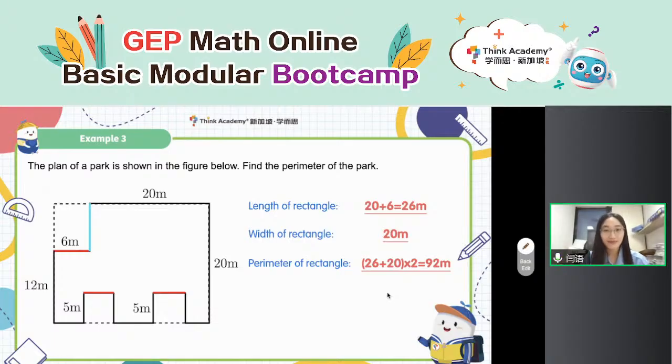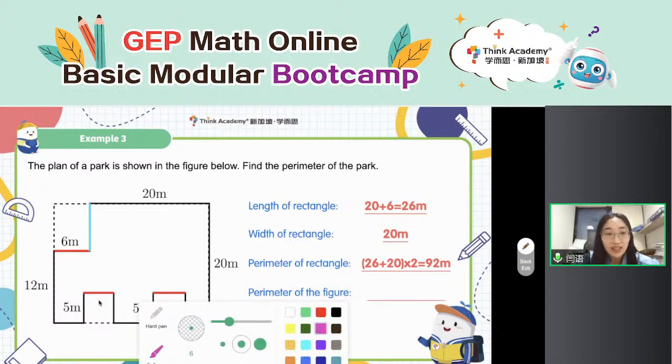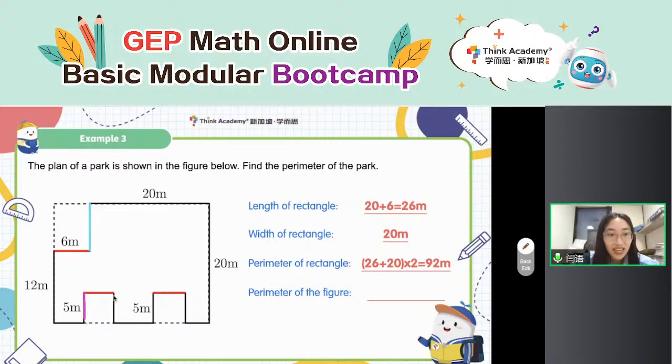Why not? So actually you see again, when it comes to the perimeter, you need to figure out all the length outside, right? So here, actually you cannot just stop at 92. Why? For 92 meters, it is perimeter of the rectangle. But when it comes to perimeter of the figure, you see that there are some vertical lines here.